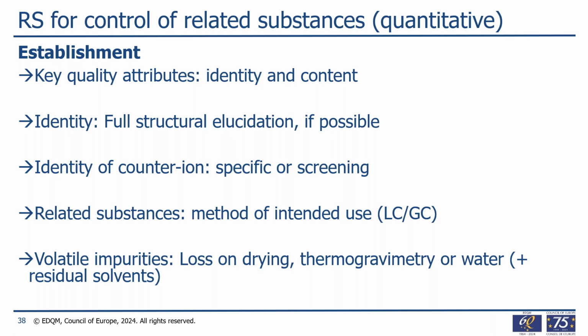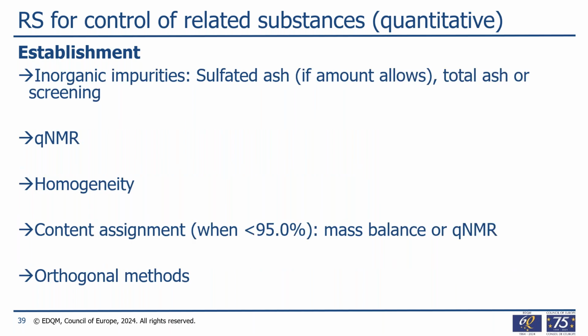And we determine the volatile impurities as I discussed before. The presence of inorganic impurities is verified by sulfated ash if the amount of candidate material allows. We also have a micro ash test, which is an adaptation of the total ash test, but of course with lower quantities that we can apply. Or we have a screening method by LC-CAD that we can use.